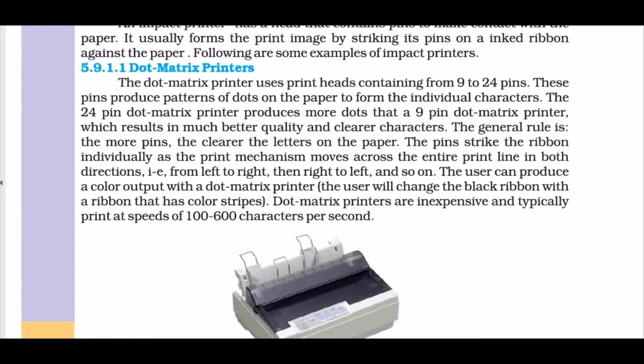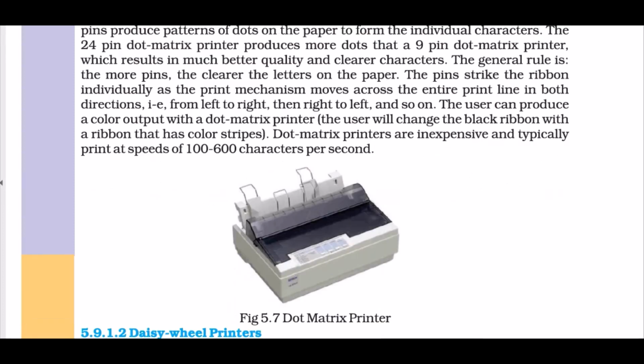The first type is dot matrix printers. Dot matrix printers use print heads containing 9 to 24 pins. This printer contains pins on the back. When you want to print something, it goes line by line, from right to left and then left to right. And it prints dots with 9 or 24 pins.